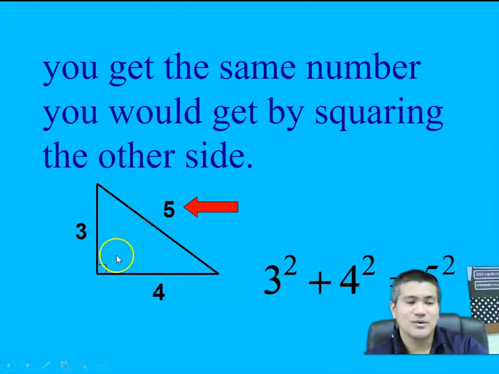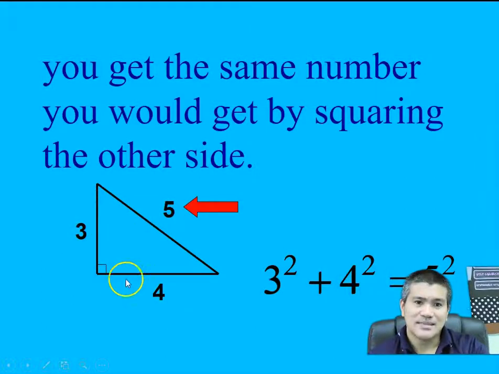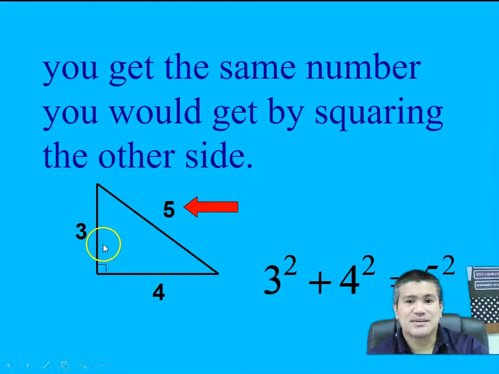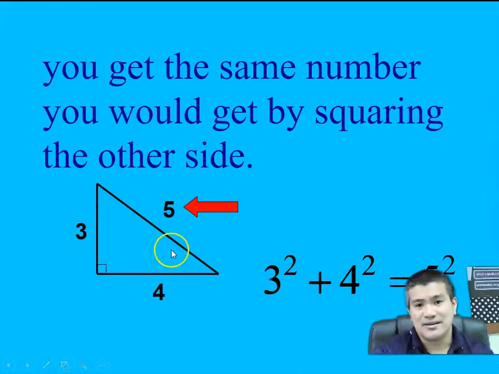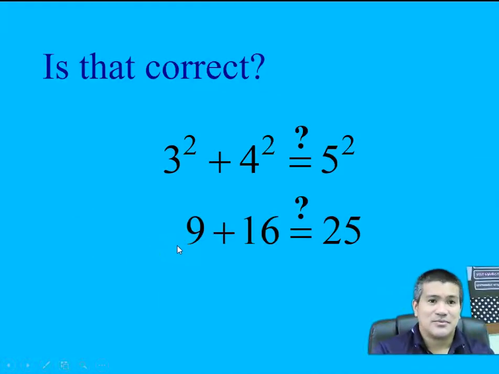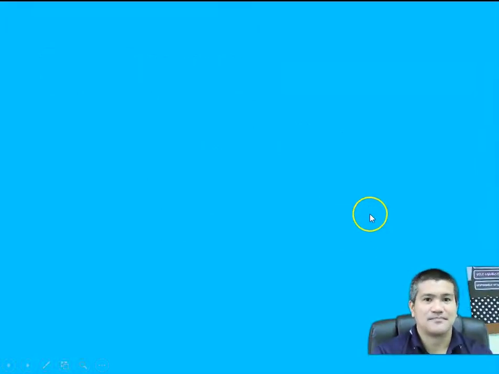That is how you solve for the right triangle using the Pythagorean theorem that Pythagoras discovered. So we can see that 3 squared plus 4 squared equals 5 squared, which gives us 9 plus 16 equal to 25. So the two legs' squares add up to the square of the hypotenuse, which is 25.